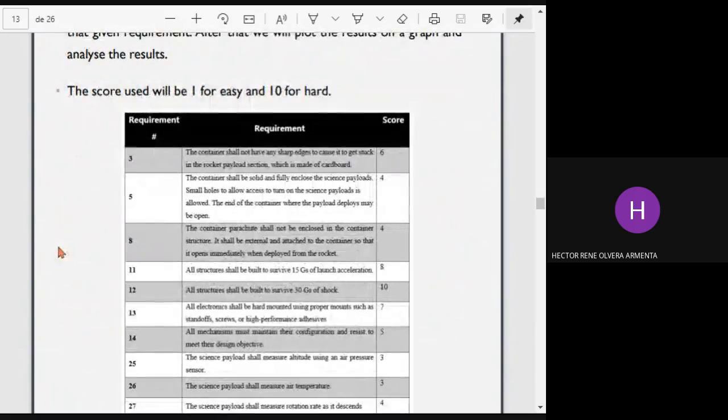For example, here we have requirement number 12, which scored a 10. This means that this requirement is the hardest or one of the hardest to achieve. Why? Because the structure shall be built to survive 30 Gs of shock.